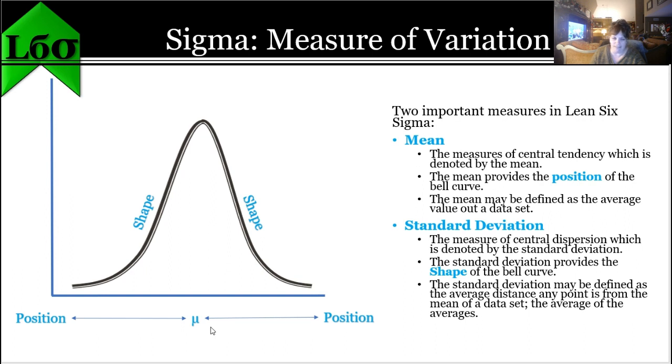We're going to dig deep into that so that you truly understand that it is the shape of your data distribution that tells you what kind of statistics you have to apply in order to get an accurate model.